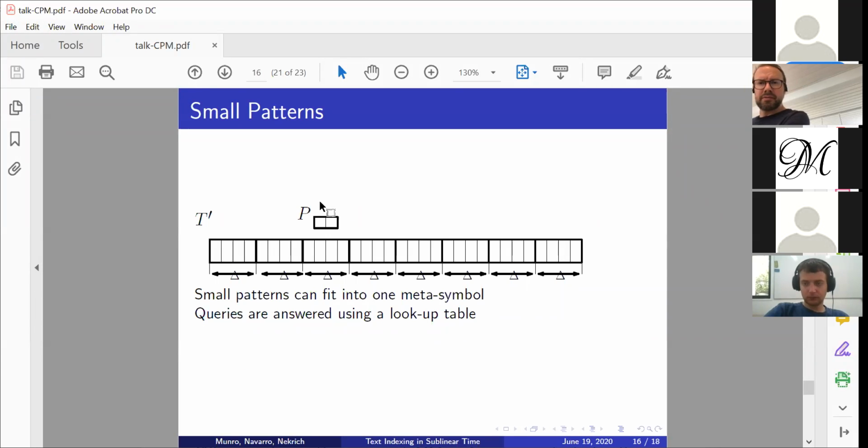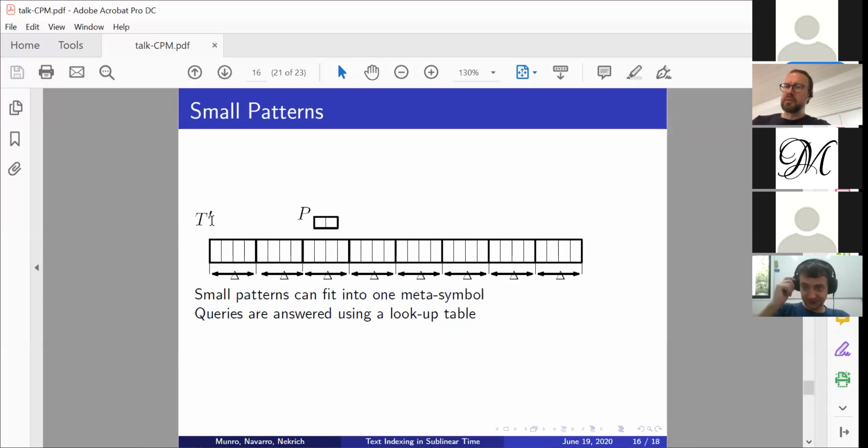So in all this description, I didn't consider one special case, and this is the case when the query pattern is very small. So when the length of the pattern in symbols is smaller than delta, then it can happen that the occurrence of this pattern is entirely within one block, or within one meta symbol of T prime.